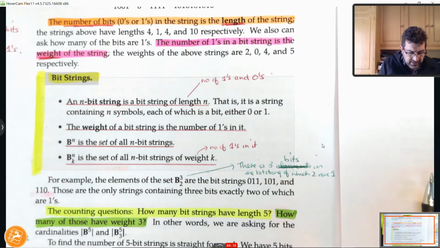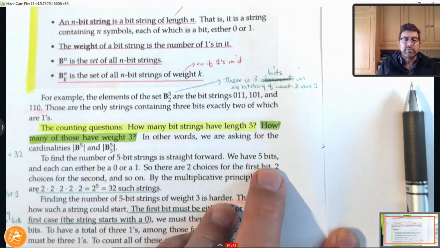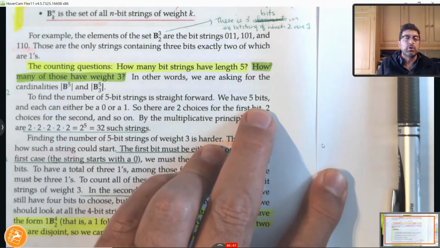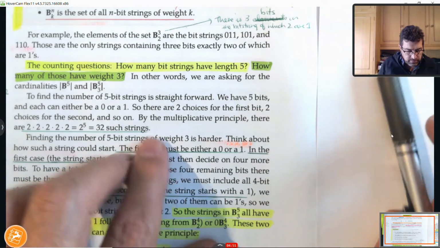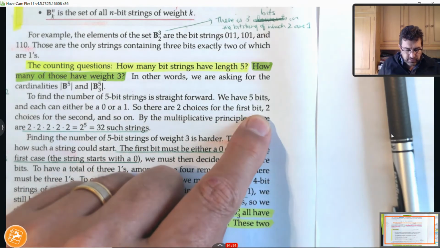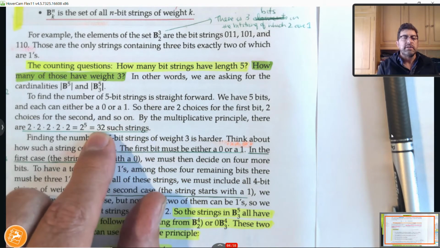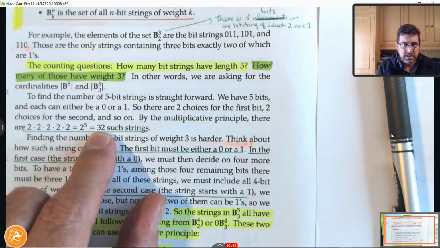We have 5 bits and each of them is going to be a 0 or a 1. So there are 2 choices for the first bit, 2 for the second, 2 for the third, and so on. So you can form 32 bit strings with a total length of 5.